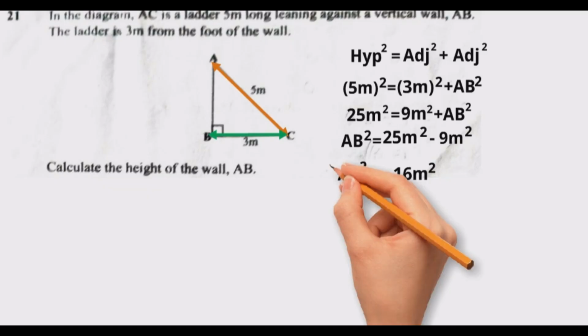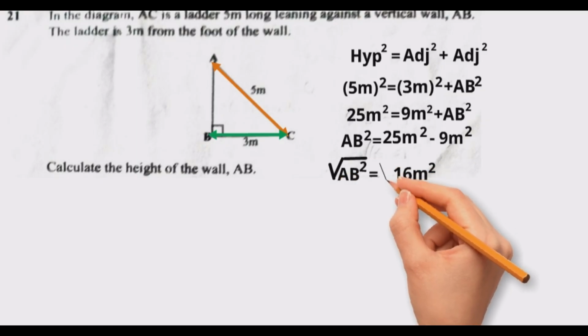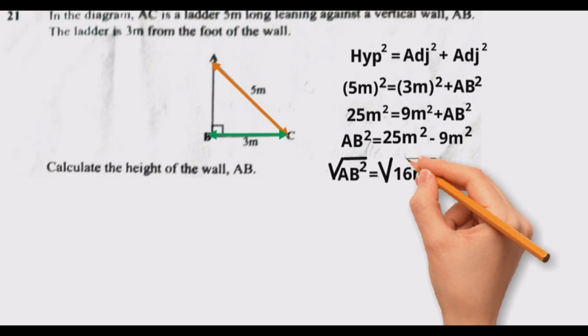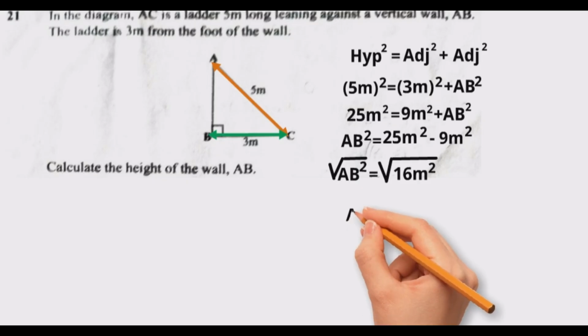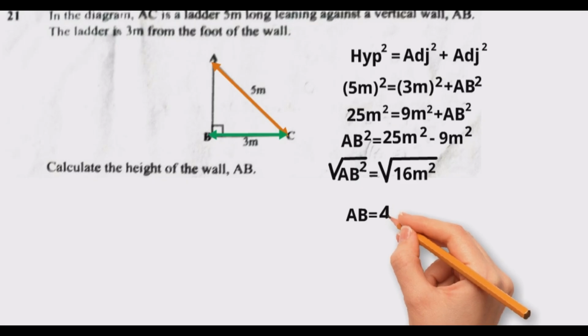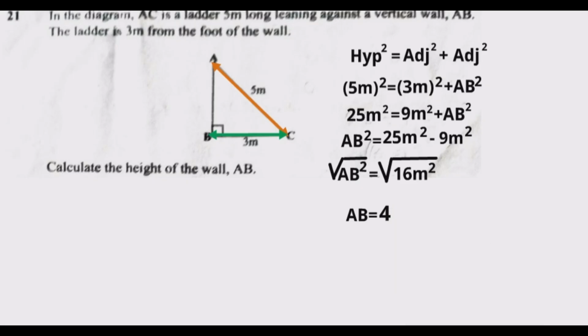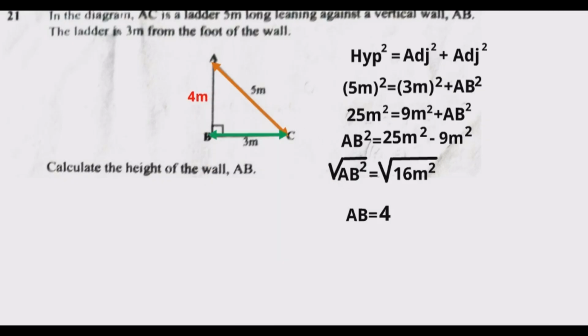So we introduce a square root on both sides. The square root and the square cancel each other. Then AB will be equal to the square root of 16, which is 4. So the correct answer was 4. The length from A to B was 4.